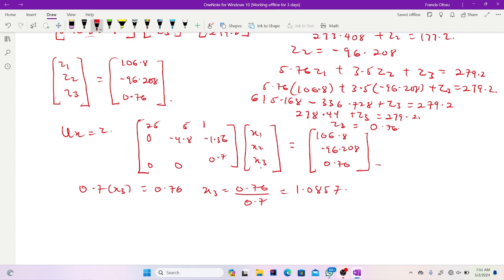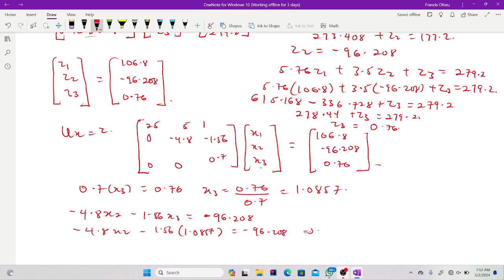Then the second part, this part, I'll multiply this whole part. This is backward substitution, so the x1 will be 0. So I'll have negative 4.8 x2 minus 1.56 x3. This should give us negative 96.208, right? So I have my x2. Okay, x2 minus 1.56, my x3 is 1.0857, equals negative 96.208.